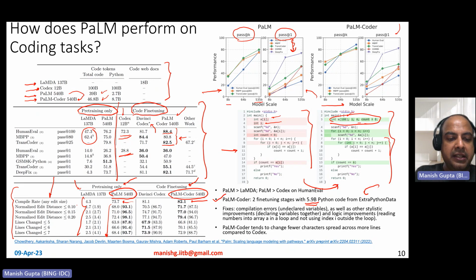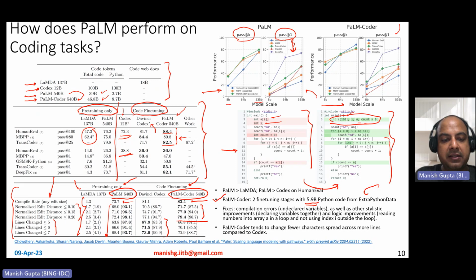Then what you also observe is in cases where the normalized edit distance is less than 0.1, what is the quality? Versus when the number of lines changed is less than 5, 6, 7, what is the quality? The idea is you want the code to be fixed while making as few changes in the overall code as possible, either measured as edit distance or as number of lines changed. So what you observe is that in the fine-tuning part, PaLM coder is actually better on all of these metrics compared to DaVinci Codex on the normalized edit distance metrics.